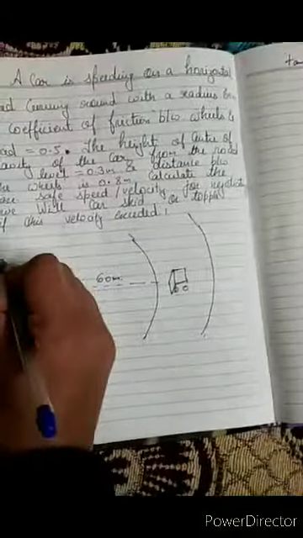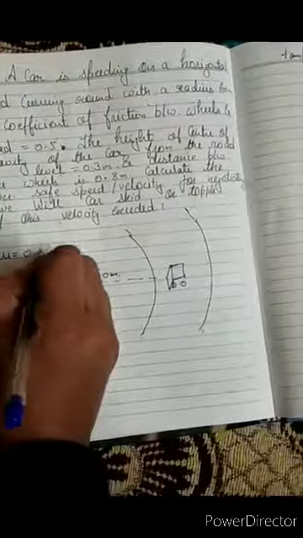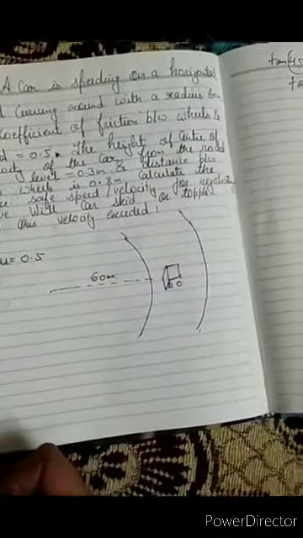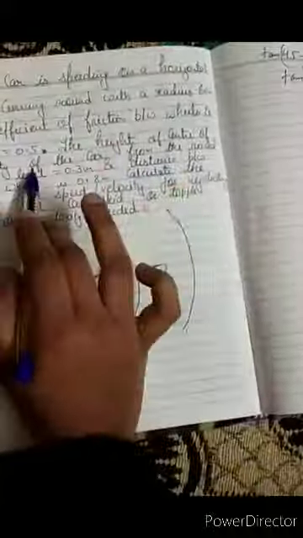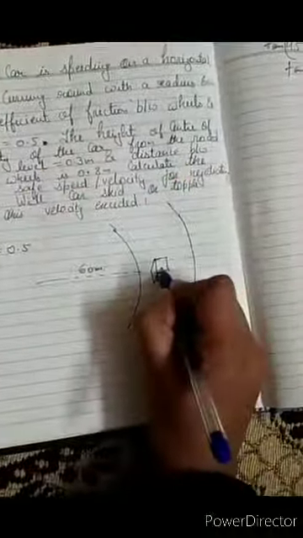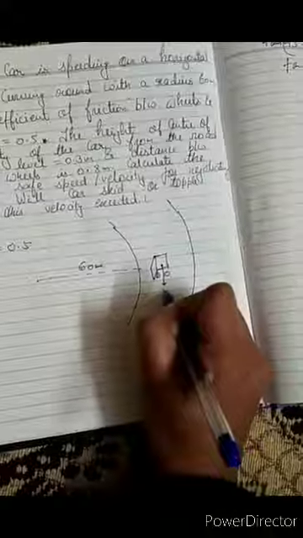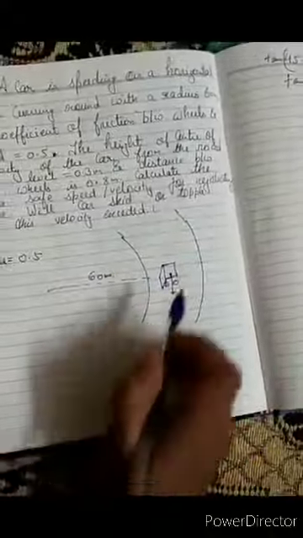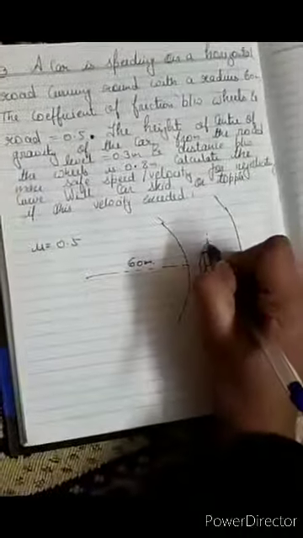Now what information do we have? They have given us mu is equal to 0.5. And they have given the height of the center of gravity also. This is mg, the center of gravity, mg. Then the height is 0.3 and the distance between the wheels is this. Look, I'll draw a proper diagram so that you get a better understanding.